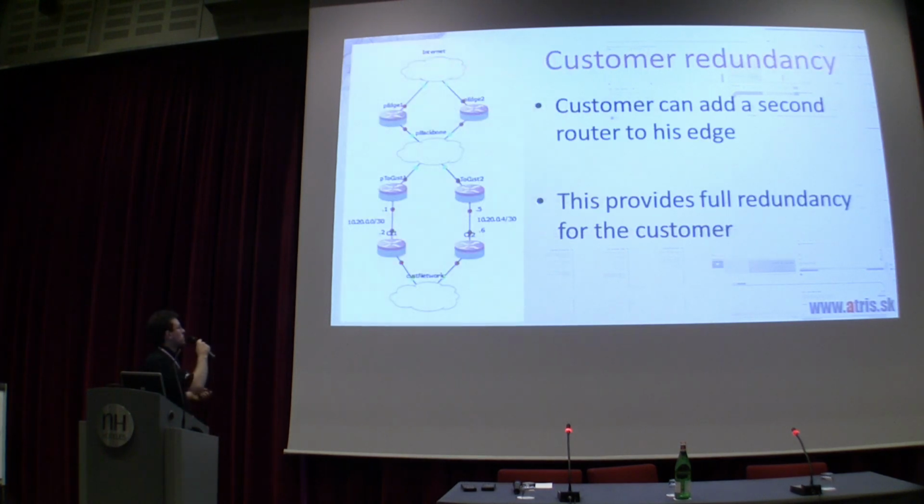So that would basically give the customer complete redundancy from his side of routers, from the provider side of routers. Of course, then the customer can either use VRRP or another hot standby protocol on the local network, or if he's running a bigger routed network down here, he will also probably use OSPF inside of his own network.